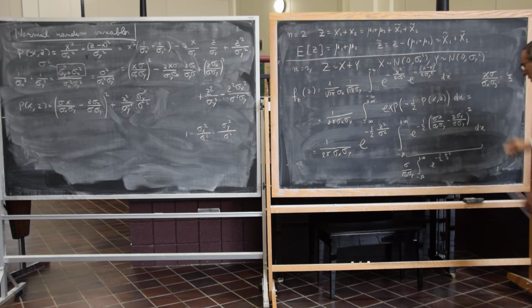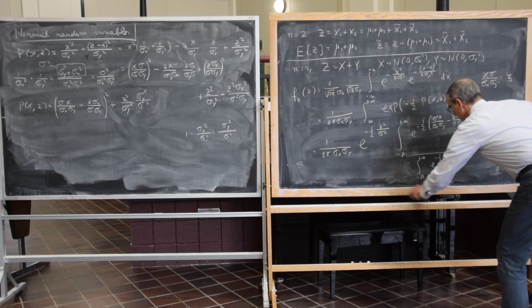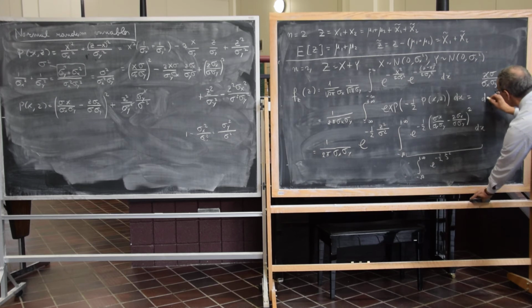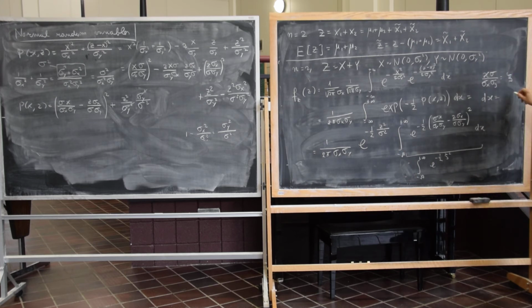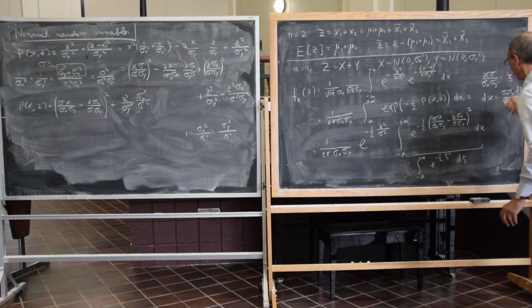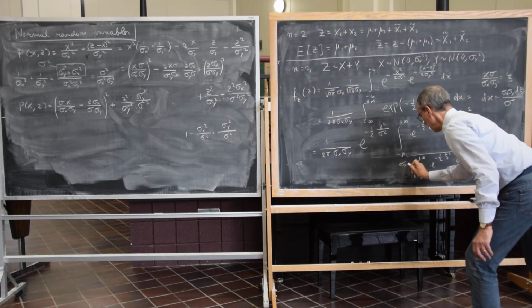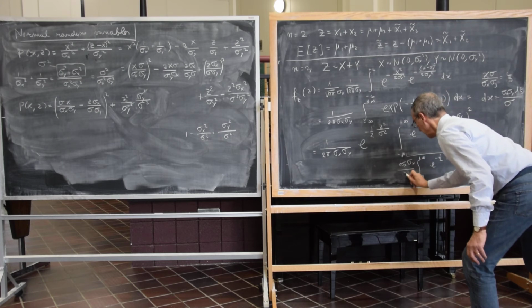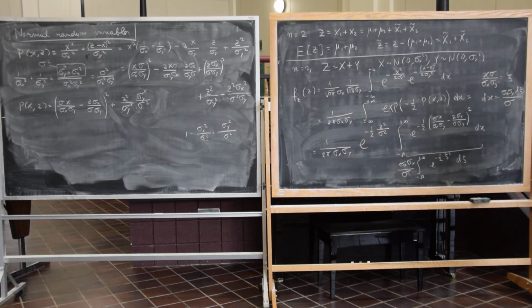The x, no, it's the other way around. The x is equal to sigma x sigma y, big psi, divided by sigma. So this is big psi, and then you have sigma x sigma y divided by sigma. Would you agree about that?